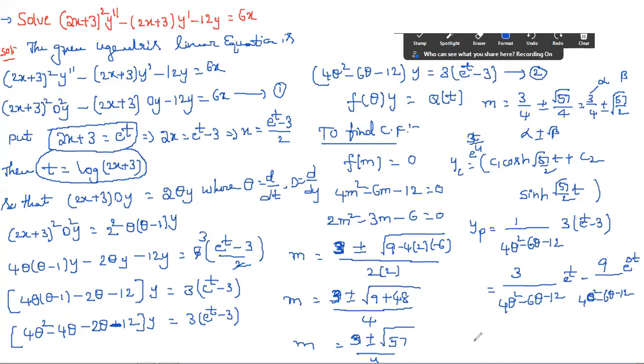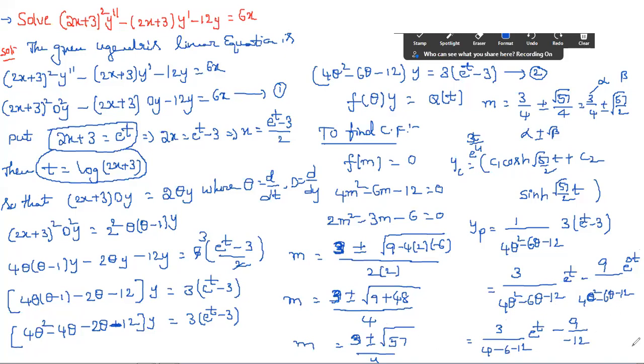Now if you substitute theta equals 1, are you getting 0? No. So for that simply substitute 3 by 4 minus 6 minus 12 into e power t, minus 9 by, here if you substitute theta equals 0, minus 12.